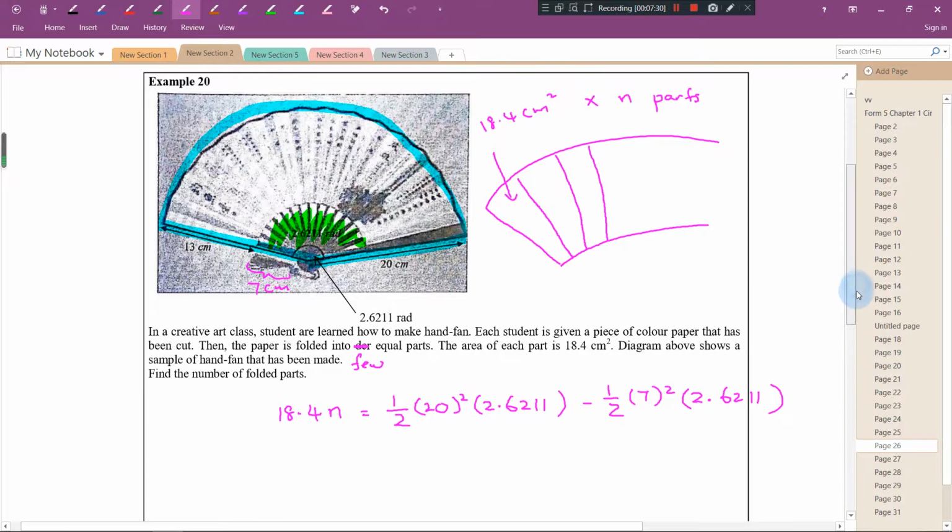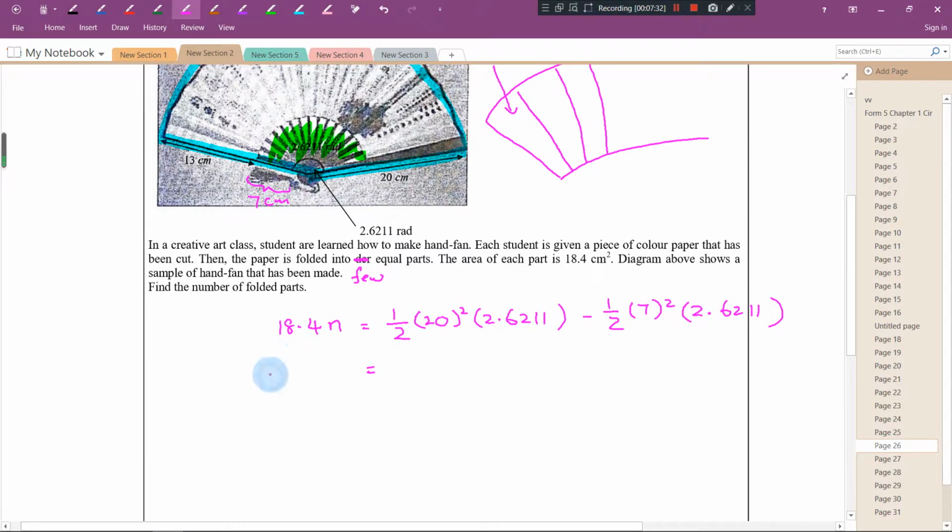So next, you just press your calculator. So this, you just copy first, 18.4 n. 0.5 times 20 squared times theta. Okay, this is 524.22. Okay, how about this? 1 over 2.